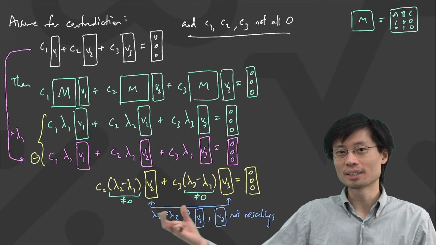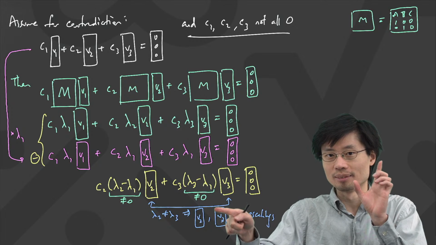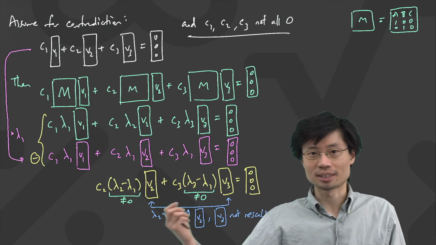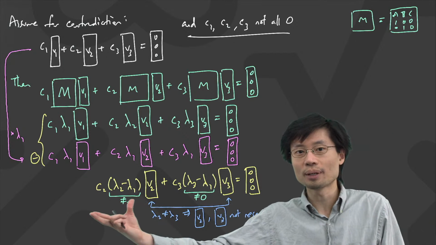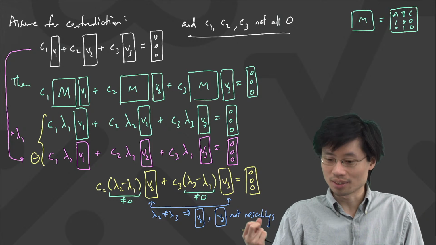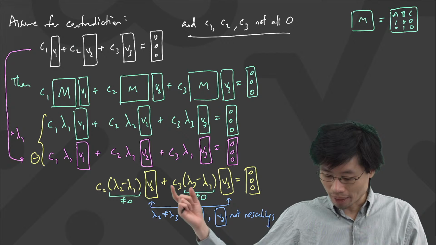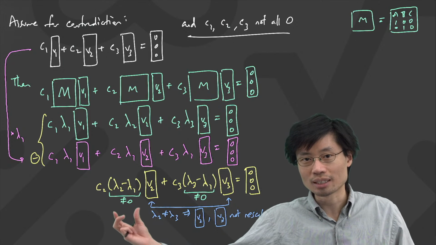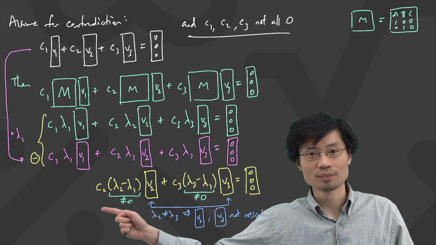So the important thing is, if I have two vectors which are not rescalings of each other, each multiplied by something, and the sum is 0, the only way is that the coefficients are both 0. That's the only way. But importantly, lambda 2 minus lambda 1 is not 0. So that means that C2 is 0.